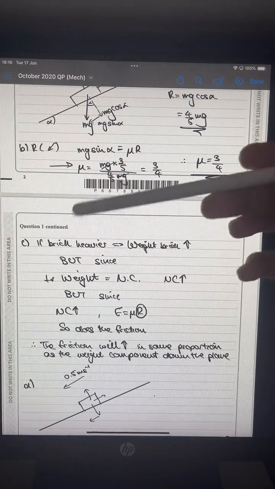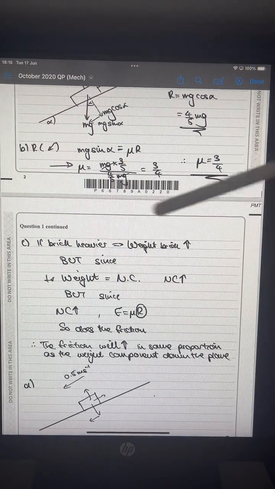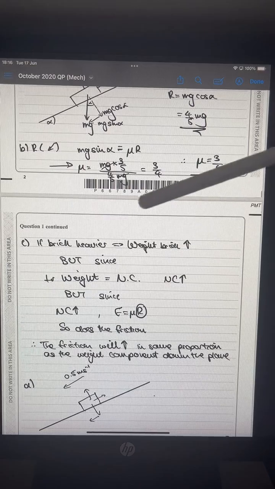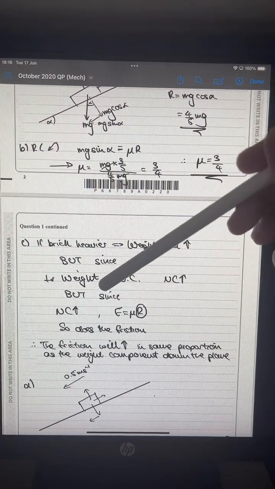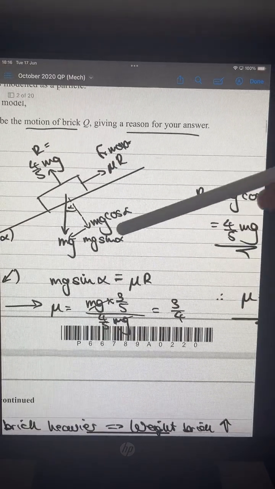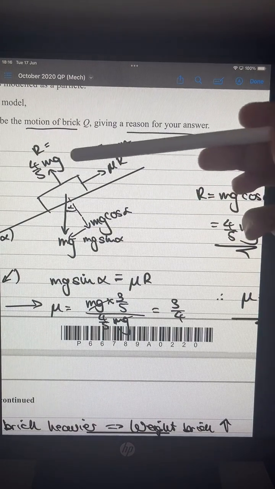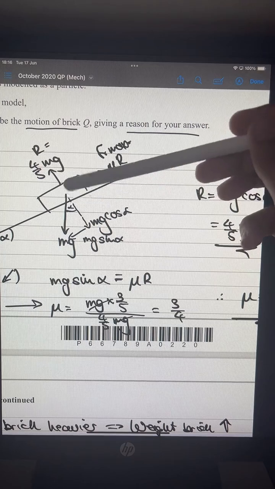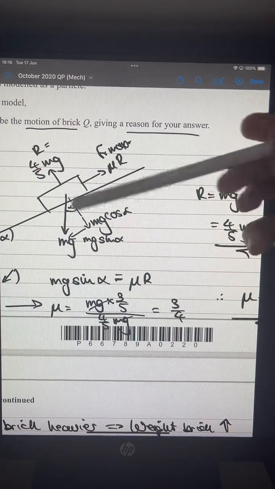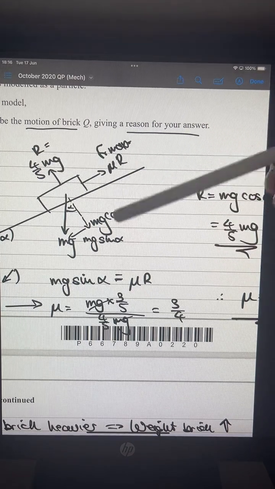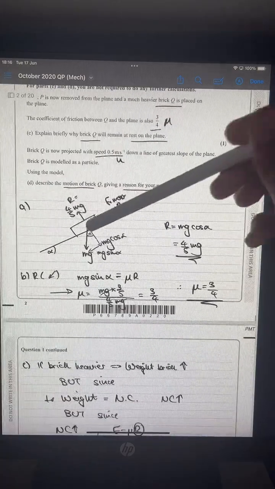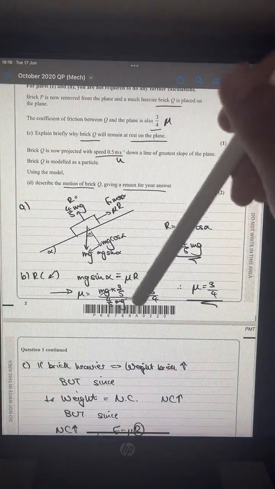Alternatively, the brick is heavier, right? Which means that the weight increases. The perpendicular part of the weight, which is this bit over here, mg cos alpha, also increases. So the reaction force increases, right? Because this is still in equilibrium. The perpendicular forces have to balance. Otherwise, this thing would be like floating or sinking.